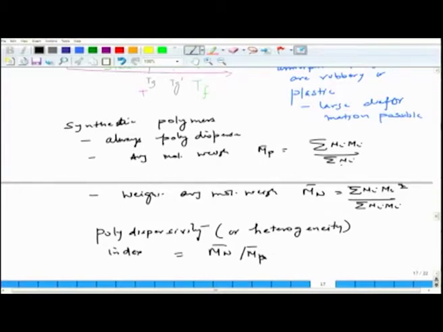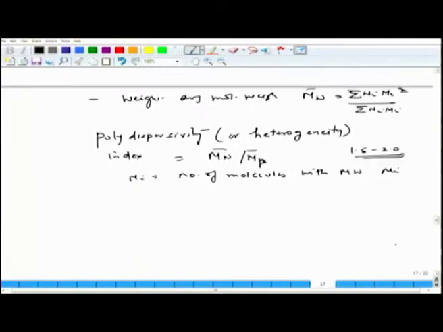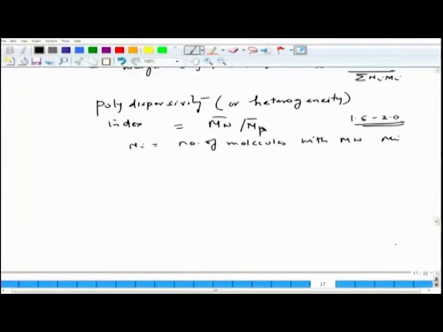Here Ni is again the number of molecules with molecular weight Mi. Now, this polydispersivity index typically is in the range of 1.5 to 2.0. So, that is a brief description of the polymeric system.